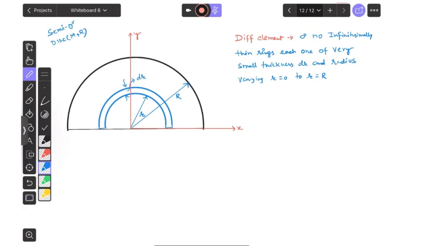Then we select one such differential element and calculate what the mass of that differential element is going to be. And then we find where the center of the mass of that differential element is going to be.